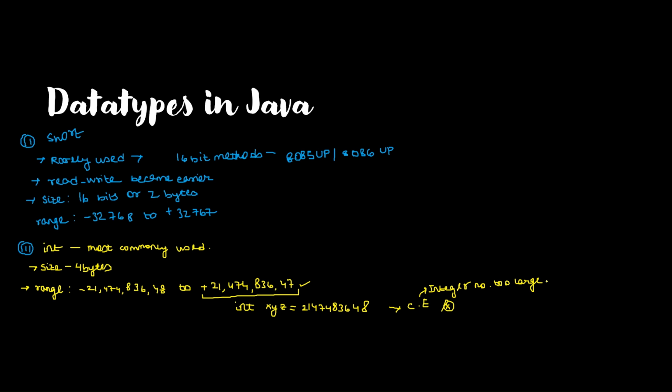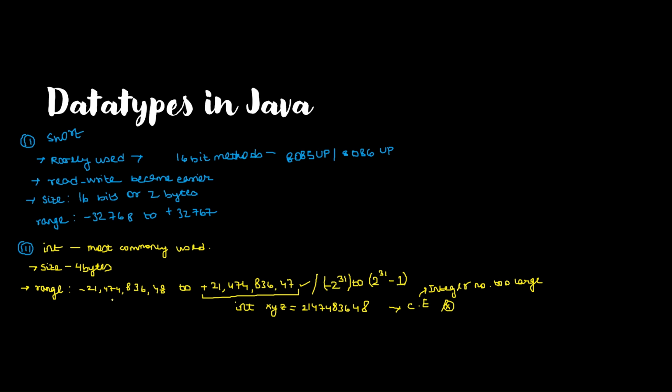In simplicity, you can also remember the range to be a negative of 2 to the power 31 to 2 to the power 31 minus 1. Okay. So this range you can keep well in your mind: a negative of 2 to the power 31 to 2 raised to the power 31 minus 1.